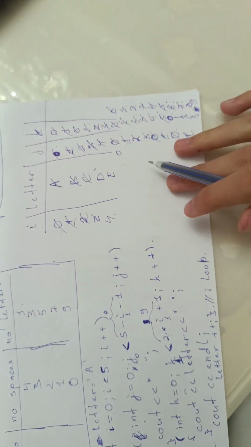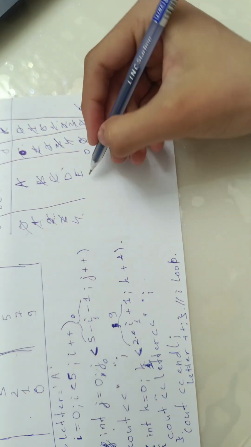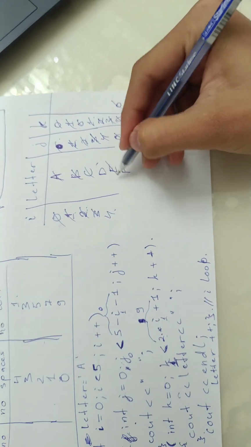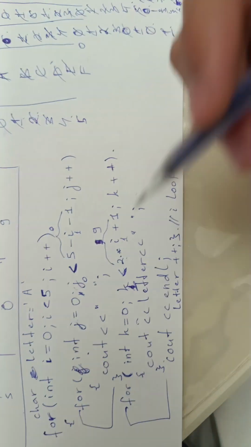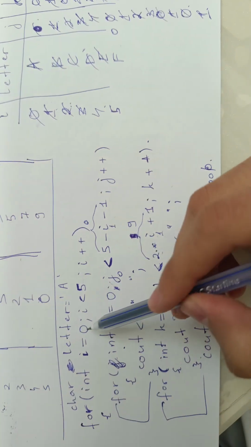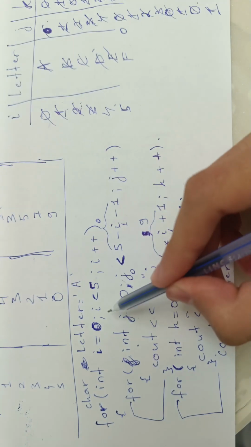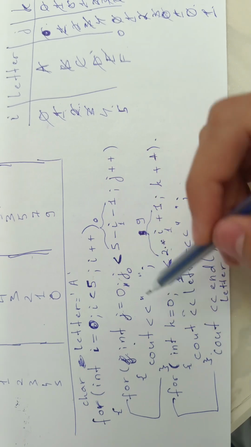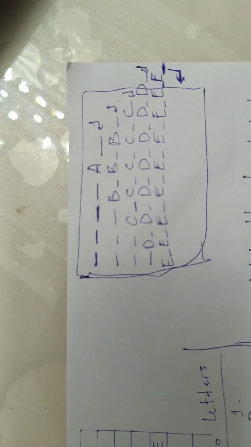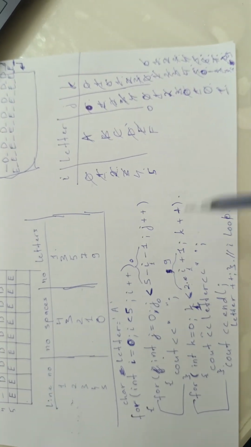Letter plus plus, so the letter becomes F. I becomes 5. When I becomes 5, 5 is not less than 5, so the program will end. The execution will be this pyramid of letters.